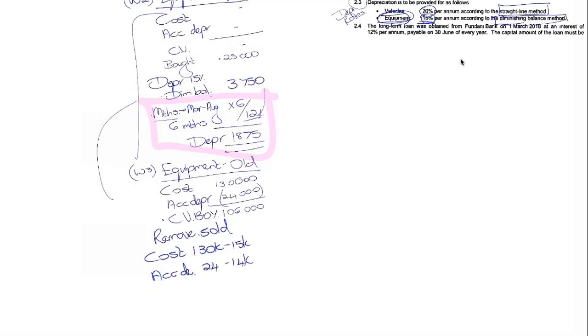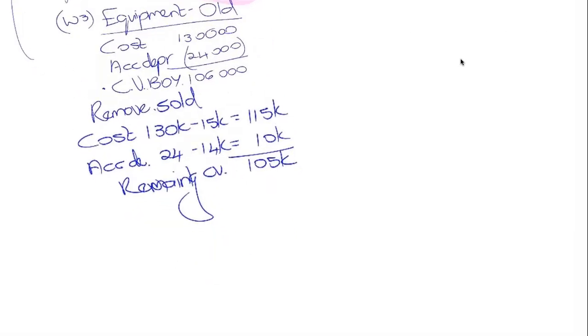And I'm sort of taking this a little bit faster so we can actually get done sometime today. Okay, so we have 115,000 over there, and we've got 10,000 over here, which means that my carrying value of the remaining equipment, the equipment that was on hand for the whole of the year, is 105,000.